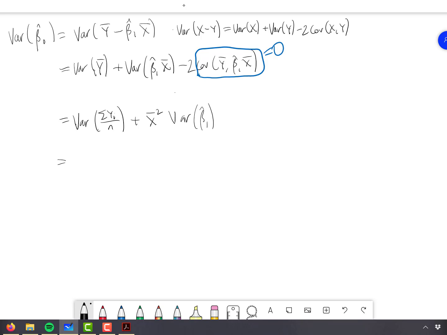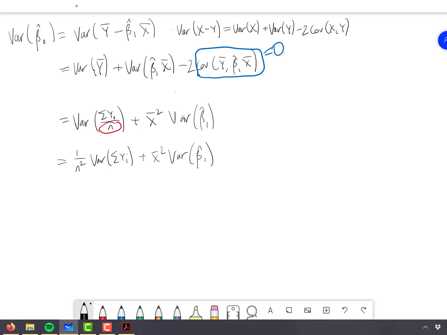What we can then note as well is that we can treat the 1 over n here as a constant. We can factor that out, so we have 1 over n squared times the variance of the sum of our yi's, plus x bar squared times the variance of beta hat 1.